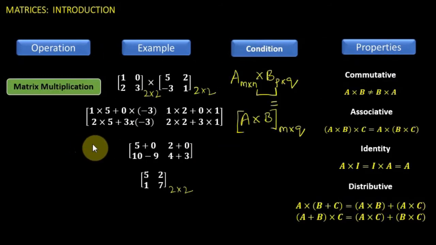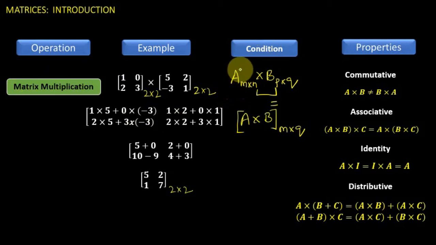operation, that is matrix multiplication. This is somewhat complicated, but practice a few problems of matrix multiplication, then it will be easier for you. Okay. So the operation is matrix multiplication. See the condition here. When can I multiply two matrices? See, here the order is important.